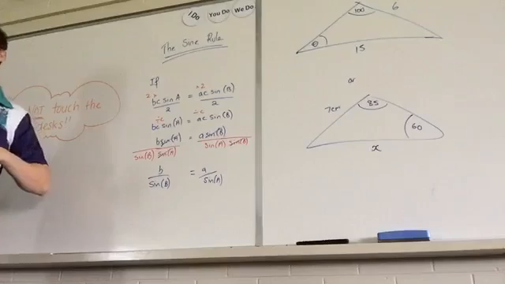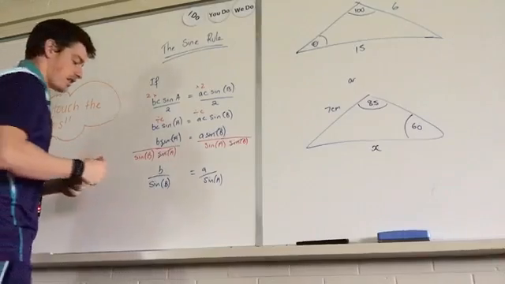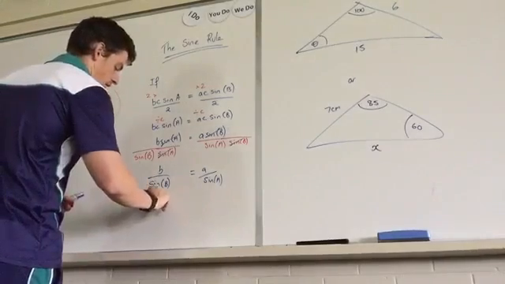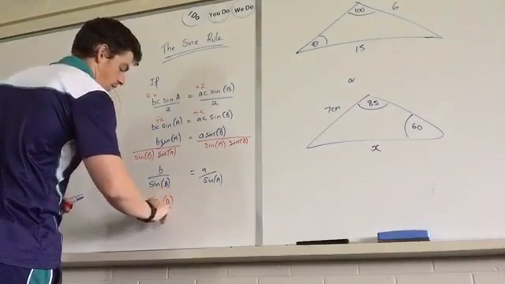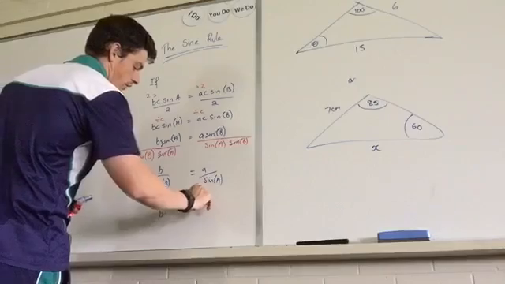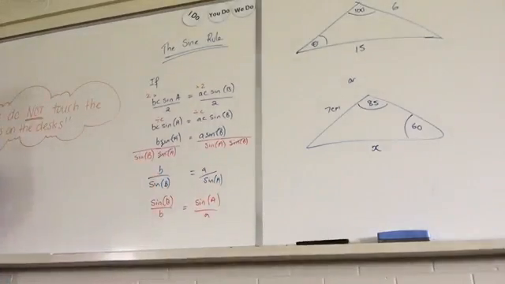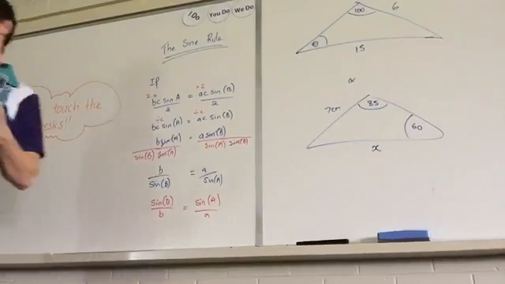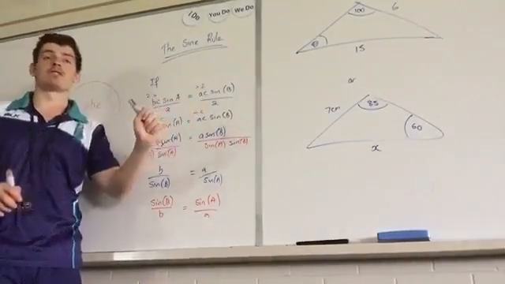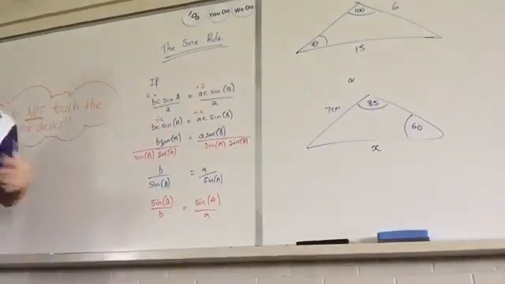So I'm just trying to show you that sometimes the rule is represented as sine B on B equals sine A on A. It's exactly the same rule. So it doesn't matter. When I'm doing this, I look for the variable that I don't know, and I'm going to give you some examples in a second, and I represent that formula the way that I want.